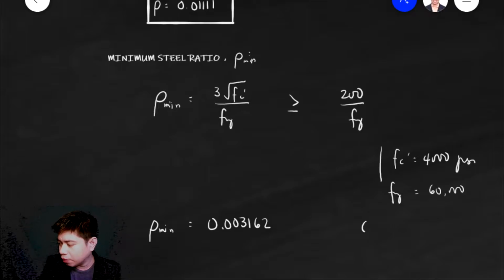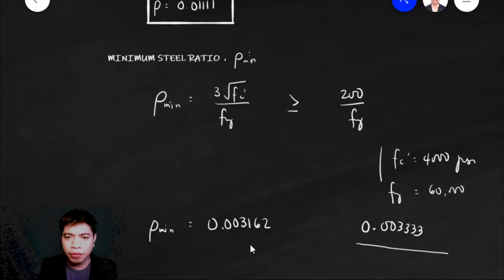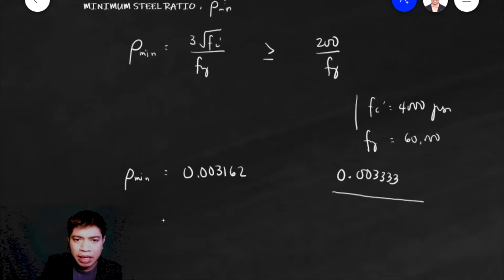Tapos dito ang lalabas is 0.003333. Okay, so saan mas malaki sa kanila guys? So, ito yung mas malaki. So, therefore, ang gagamitin natin na ρ minimum is equals to 0.003333. Okay?